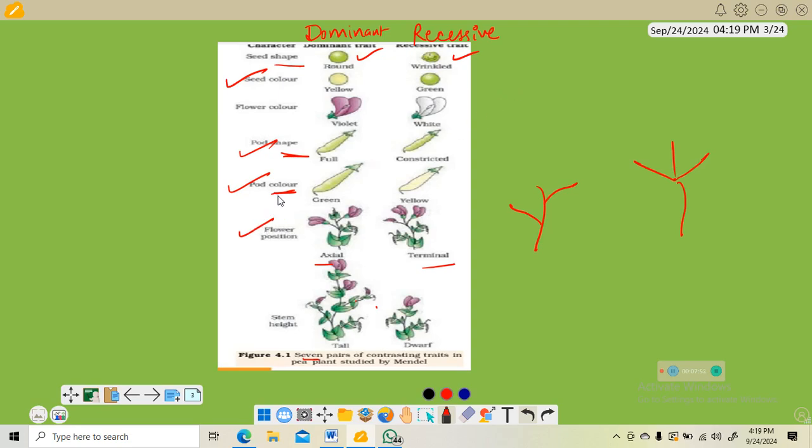Axial is dominant. Then seed color and shape: round is dominant and yellow seed is dominant. So round and yellow are dominant, and axial is dominant, from different nodes.